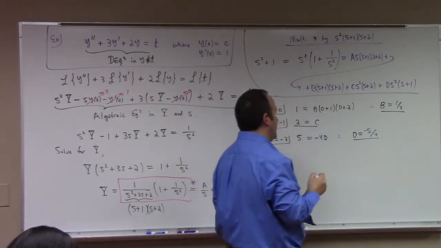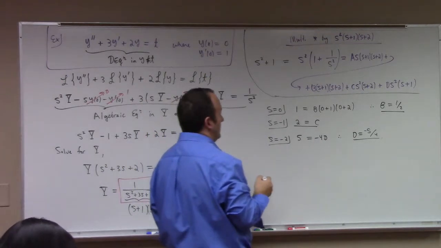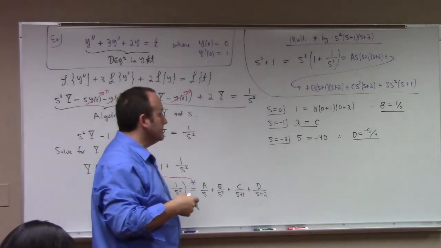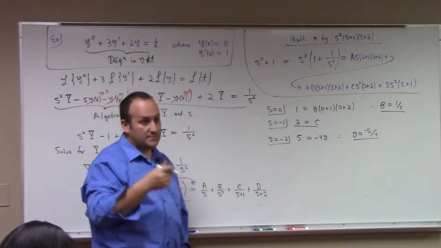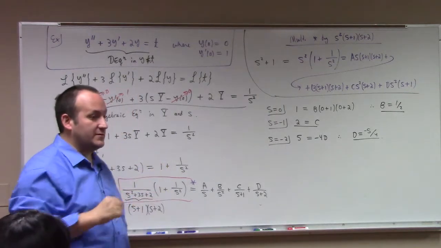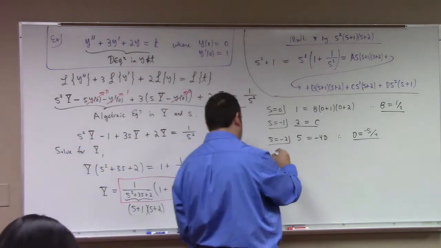How are we going to find a? Just plug in any other value, right? And you want to be lazy. What's a good value to plug in? We already used 0. 1, I like 1. 1 would have been my choice.